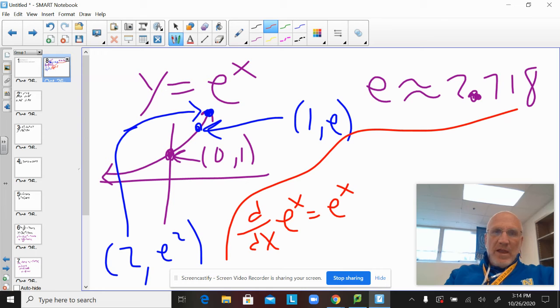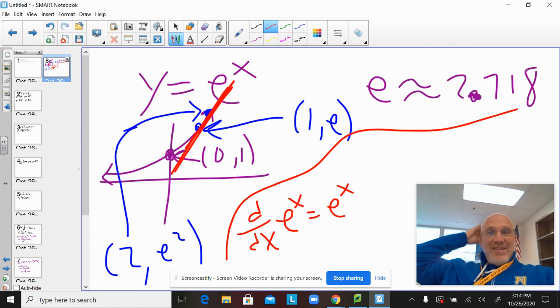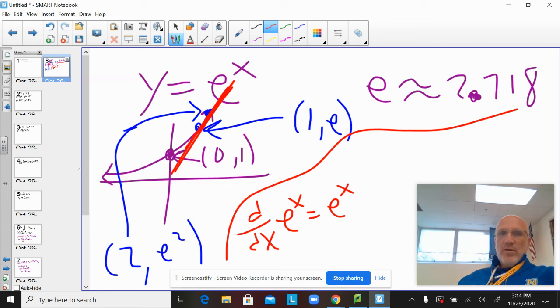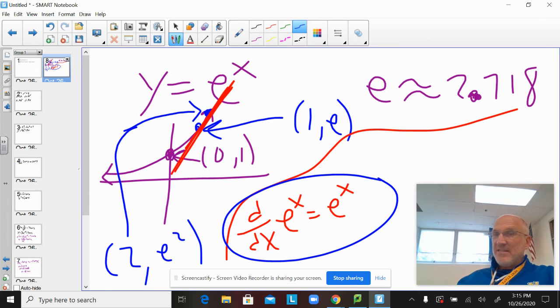If I were to draw the tangent line right there, the slope of that tangent line, that's a derivative, would equal the y value of the function. So if that's the point (1, e), not only is the y value e, but the slope of the derivative would also be e, whatever that number is. So this comes in handy, that the derivative of e to the x is itself.